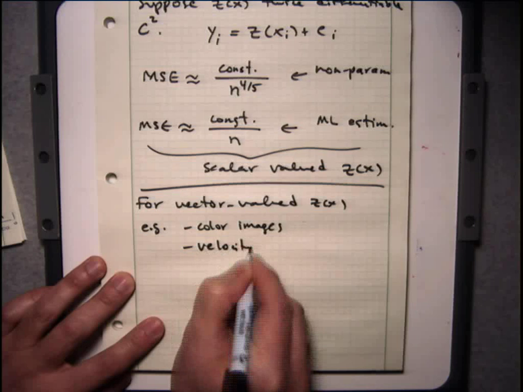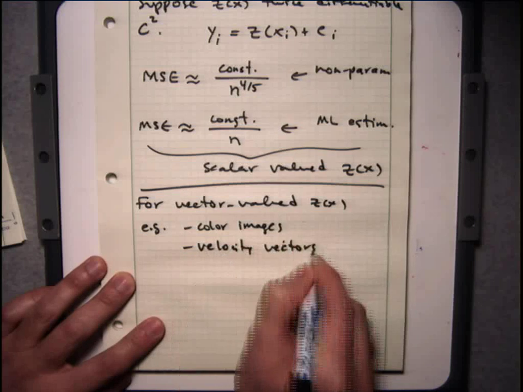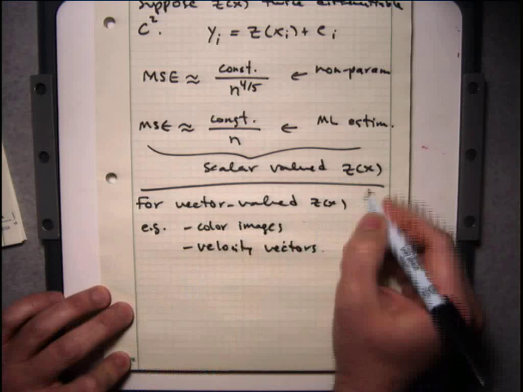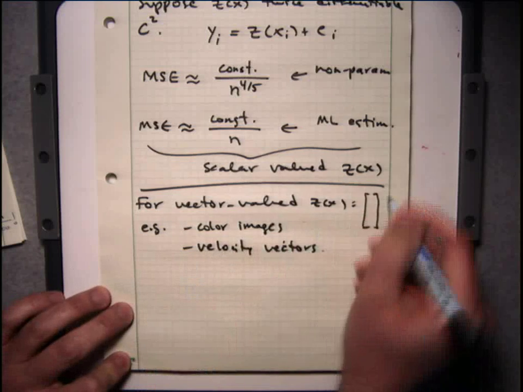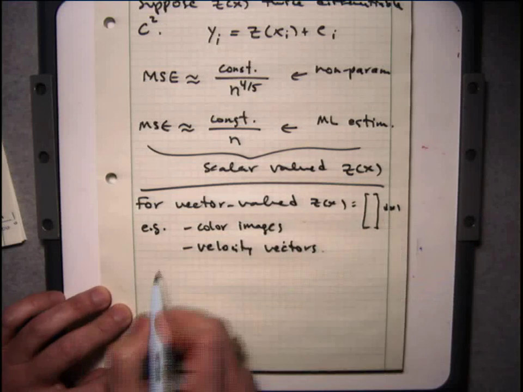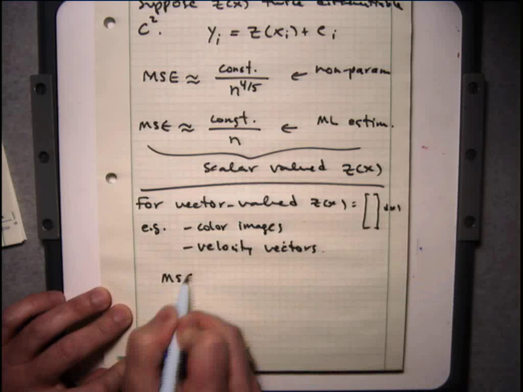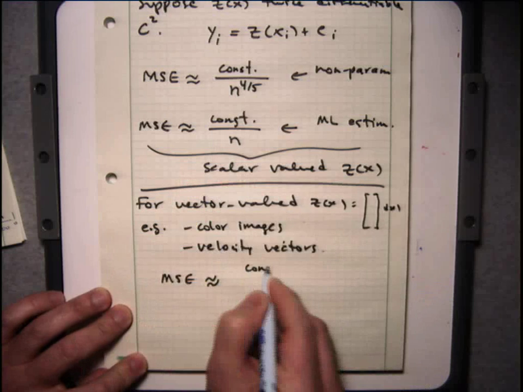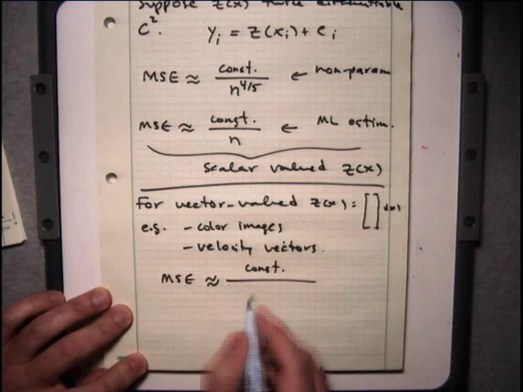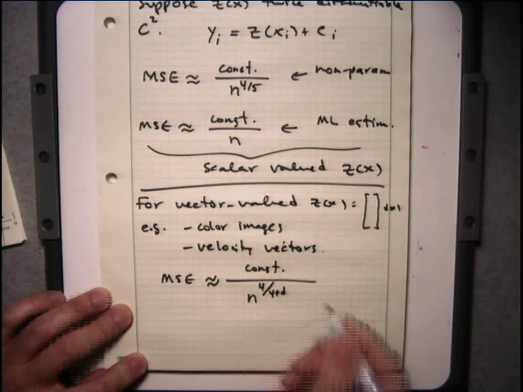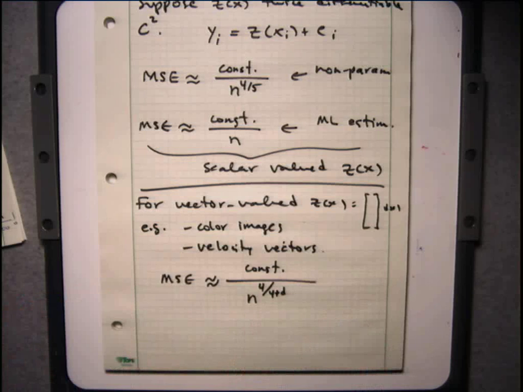You might be computing velocity vectors in space, etc. So it turns out that when the dimension of z of x is, let's say, d by 1, d being the dimension of this vector, then the mean squared error, this expression, asymptotically behaves like a constant divided by n to the 4 over 4 plus d. Okay? So the dimension actually shows up here in the denominator of the exponent.